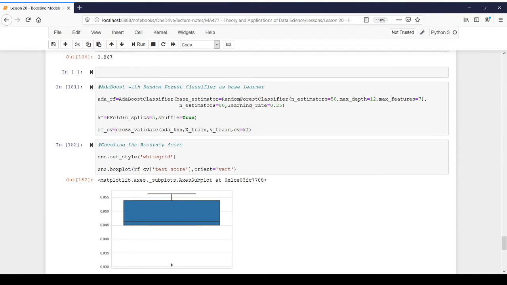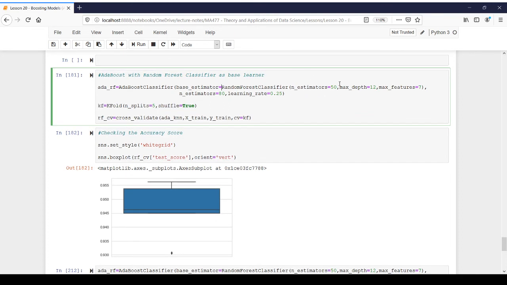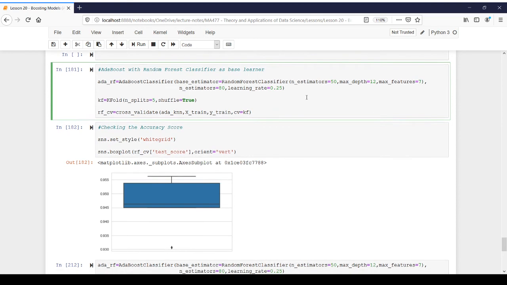Okay, and finally, you can actually use another ensemble model as a base estimator. I'm not sure how recommended that is in general, but it's definitely something you want to try. So in this case, again, I didn't tune this to squeeze all the juice out of this model, but here is where I'm using a random forest classifier with 50 estimators, max depth of 12 and max features of 7, and I'm using 80.